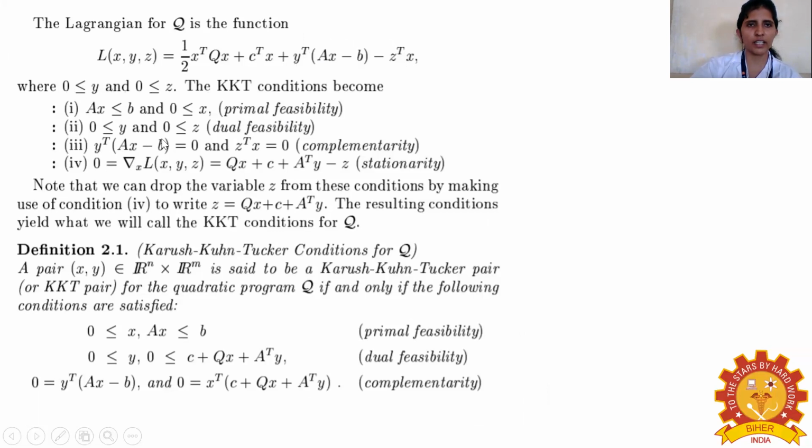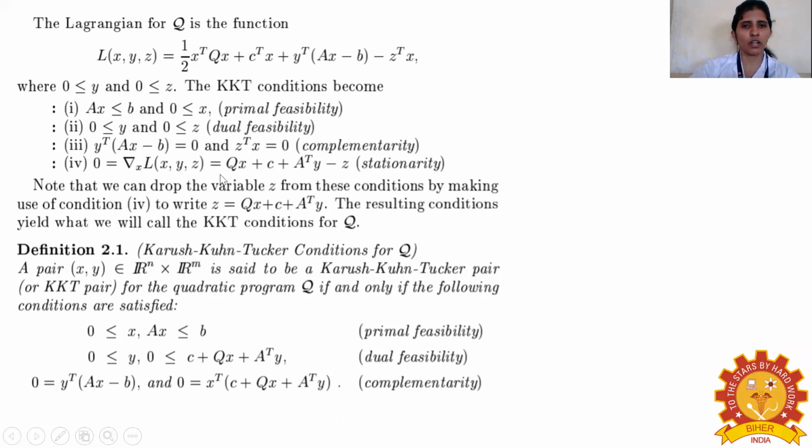So these are the given conditions. The primal feasibility we have to check with the given constraints, the dual feasibility we have to check with the given variables y and z, the complementarity we have to check with the given conditions, and the stationarity must be proved based on the given conditions.